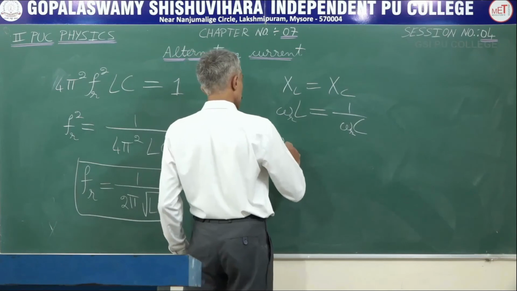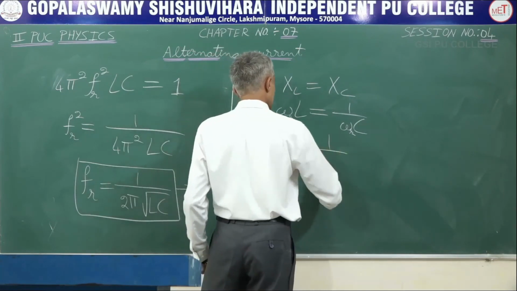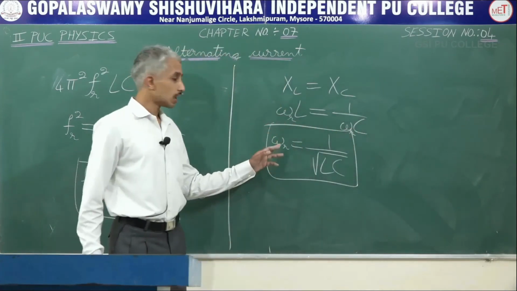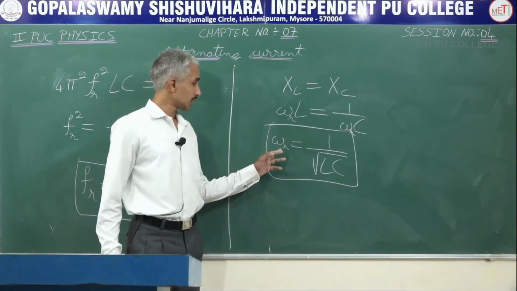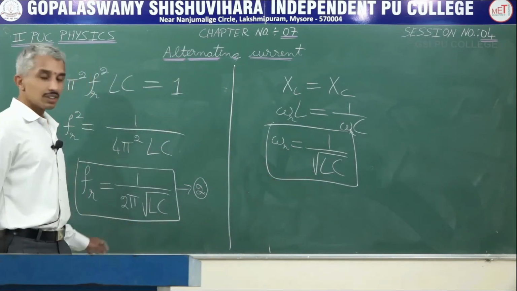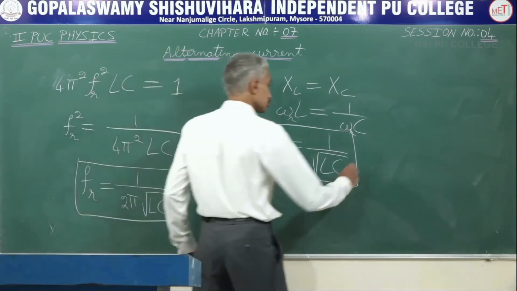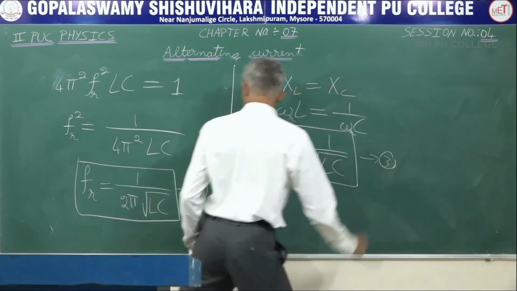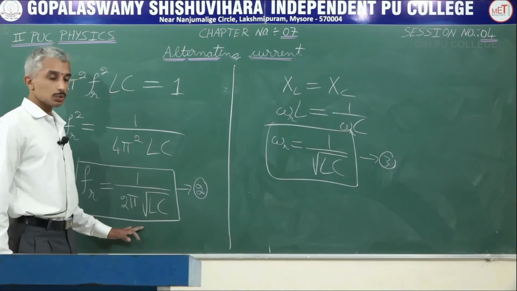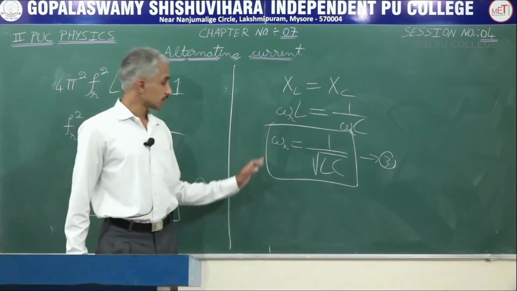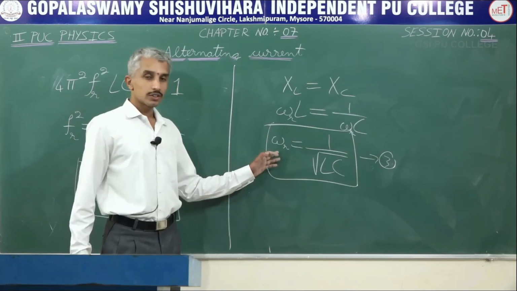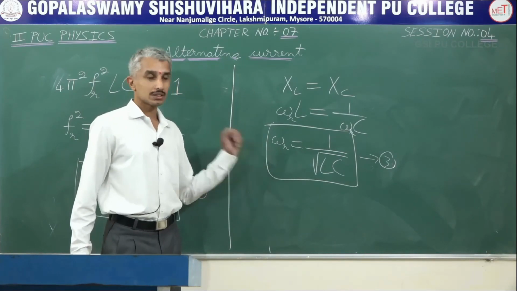Then in this case, in terms of the angular frequency, resonant frequency is given by omega r is equal to 1 by root of LC. Both the terms mean the same. So if you end at equation 2, that's enough. I only included this so that you don't get confused when you look at some of the textbooks where resonant frequency is given in terms of omega.